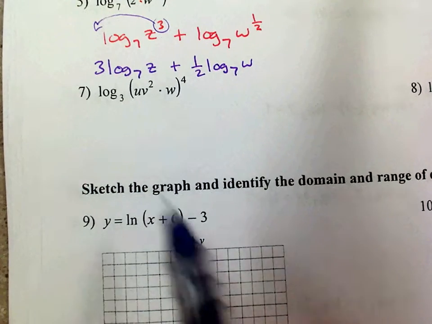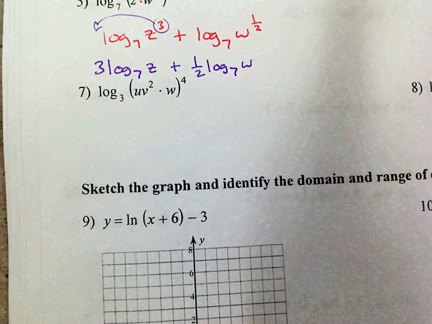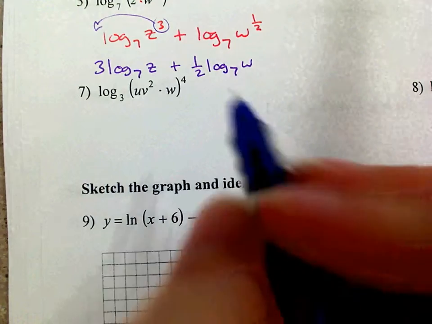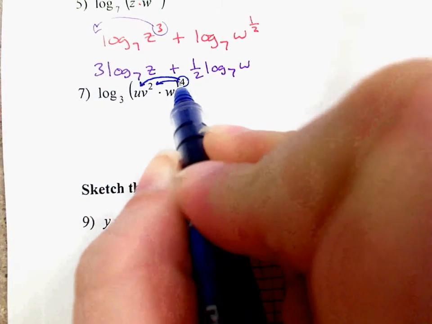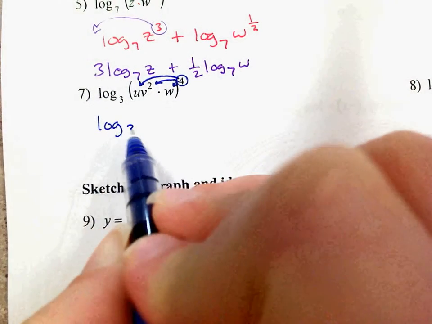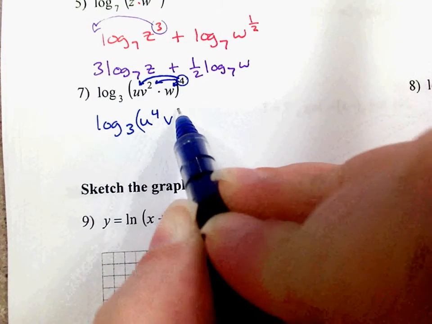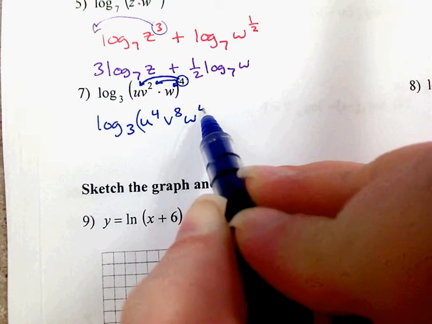Okay. Do you think I should do anything with this power 4 first? Distribute my power 4? Okay. So I'm going to distribute that to that, to that, and to that. So I'm going to rewrite it. Log base 3 of u to the what? V to the 8 and w to the 4.